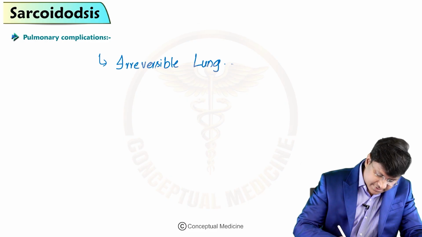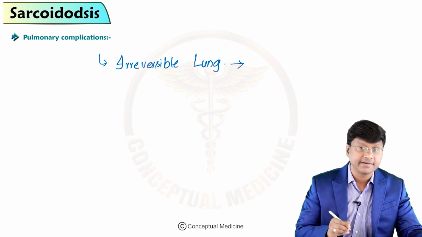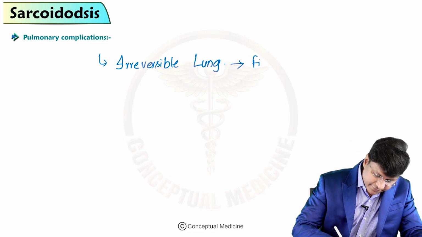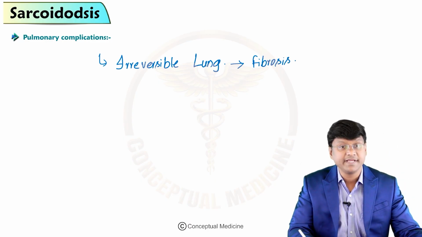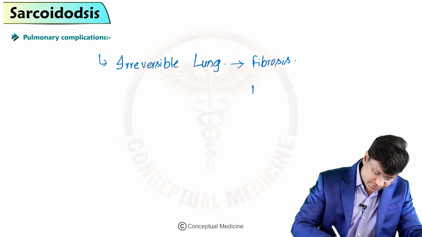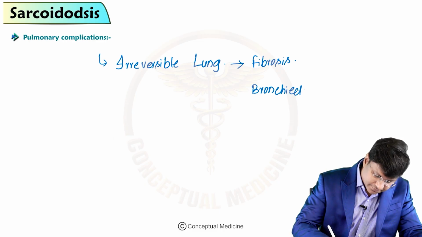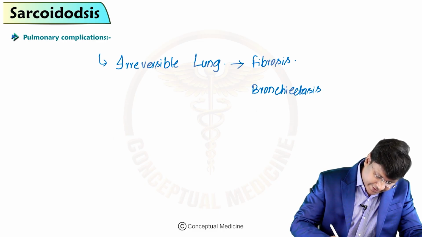And this irreversible lung impairment is characterized by progressive fibrosis. There can be bronchiectasis, and there can be cavitation.